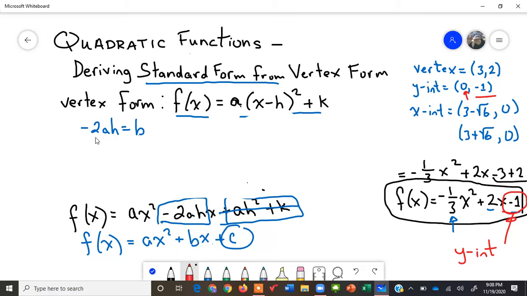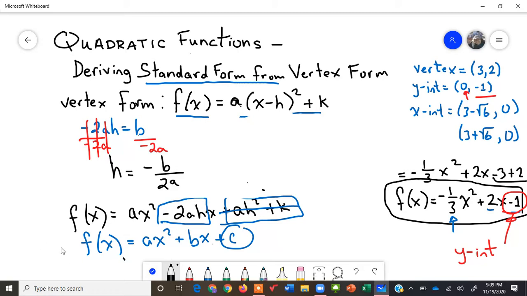So to solve for h, we have to divide both sides by the negative 2a, and we get h is negative, I'll just put the negative in front, b over 2a. h equals negative b over 2a. That is the x-coordinate of the vertex as well as the axis of symmetry.